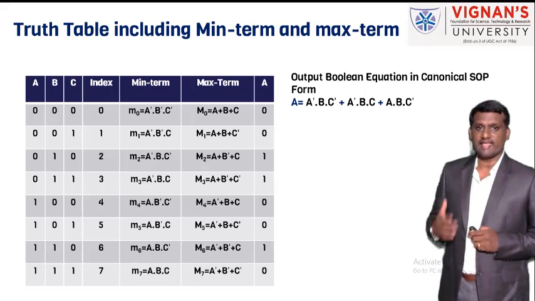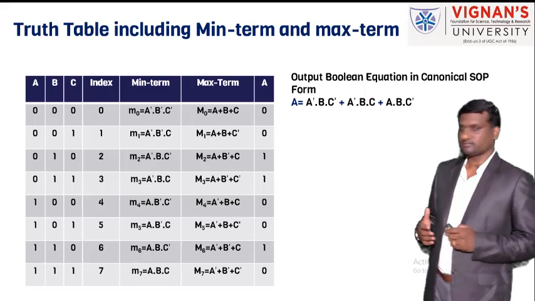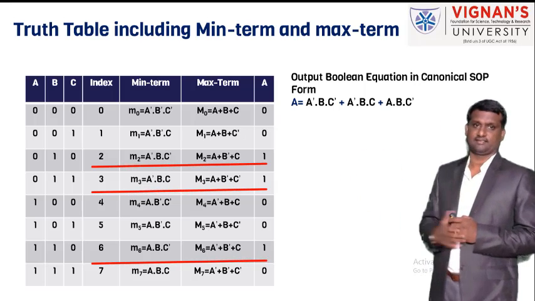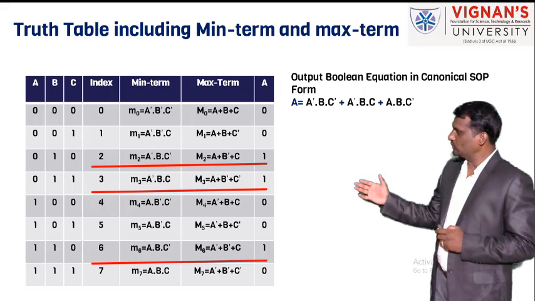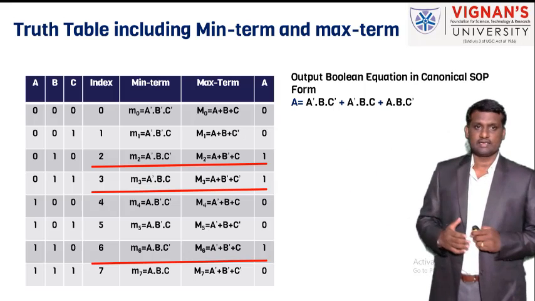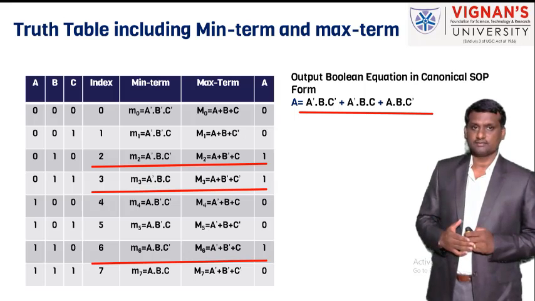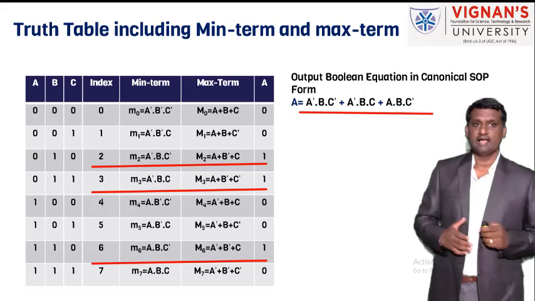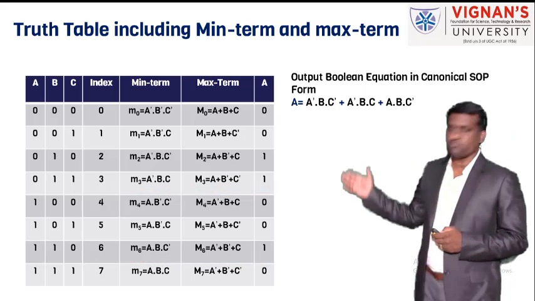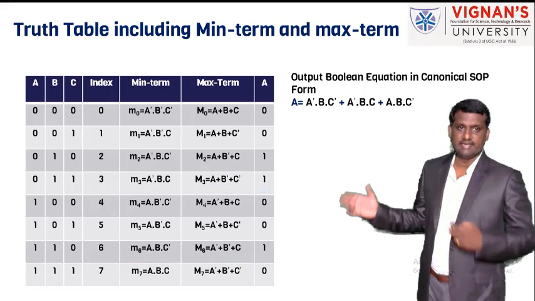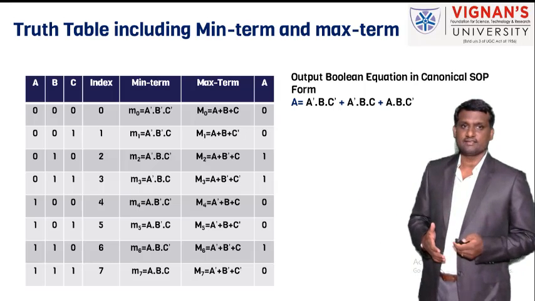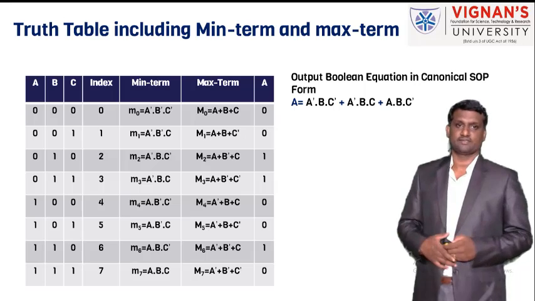The outputs of high are at terms 2, 3 and 6. The respective product terms are A bar, B, C bar; A bar, B, C; and A, B, C bar. And its canonical form in sum of product combination is summing of all those three terms.